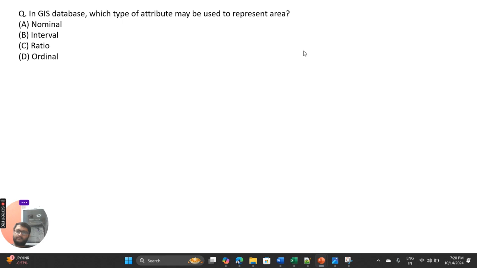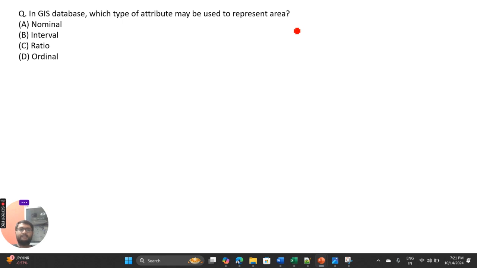Is anyone familiar with the kinds of attributes? Types of attributes, meaning integers, characters, strings, that way. Exactly, so these are the normal attributes, like the kind of data type which we are using.